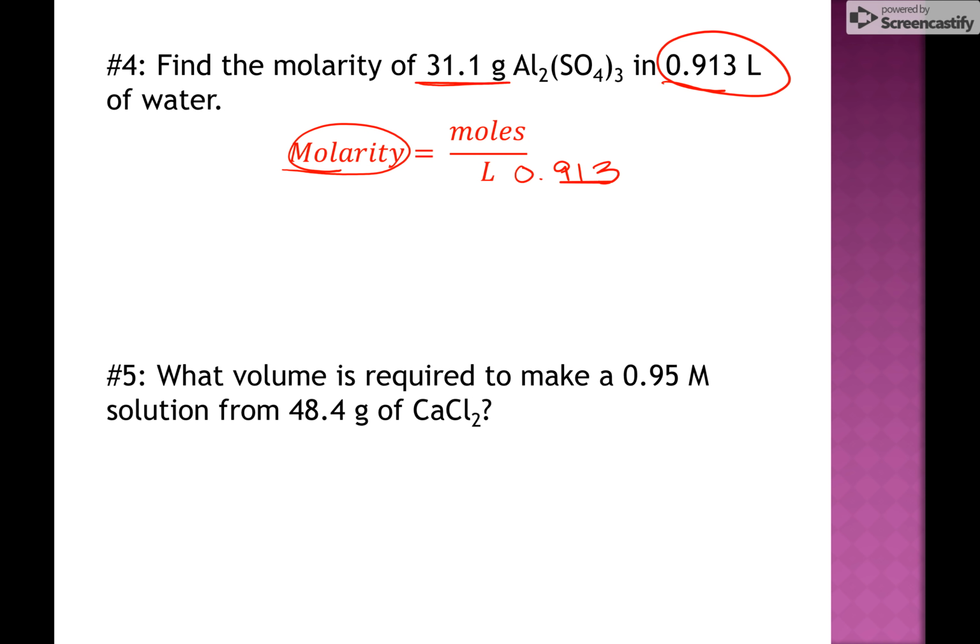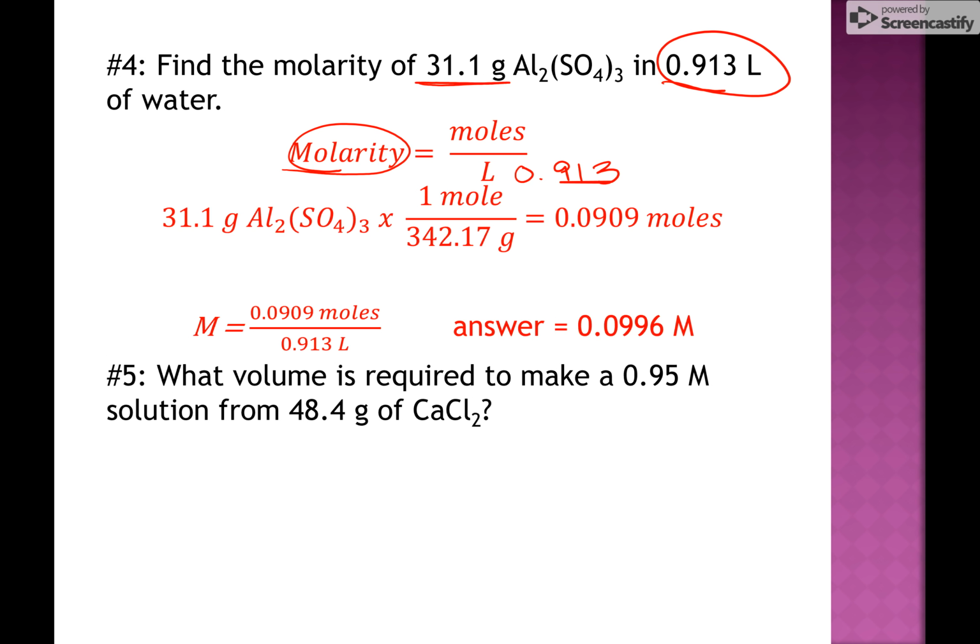Take 31.1 grams and convert to moles first. The molar mass of aluminum sulfate was 342.17. I get this answer. Now that I know moles here, then I can plug that into the equation. And I get a final answer of 0.0996.